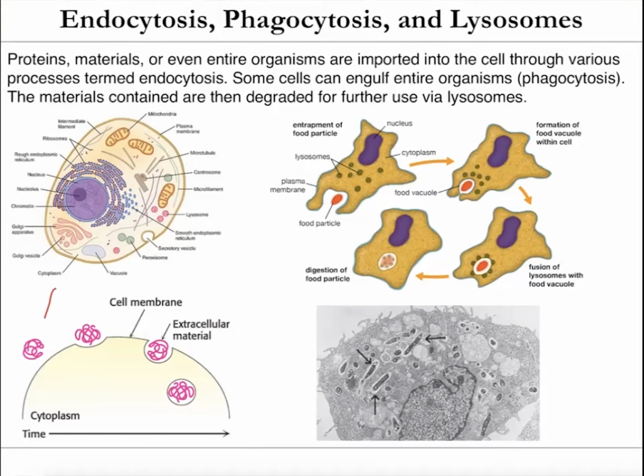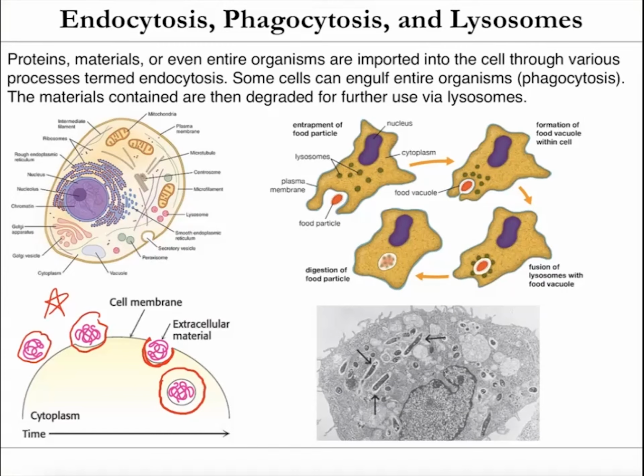So we have a really nice diagram down here. There's a protein or a group of proteins, and it can interact with the cell membrane. And then that extracellular material, there's actually an invagination in the plasma membrane. And then that will bud off and actually form its own vesicle. So I remember we looked at SARS-CoV-2 virus and influenza virus entry into the cell.